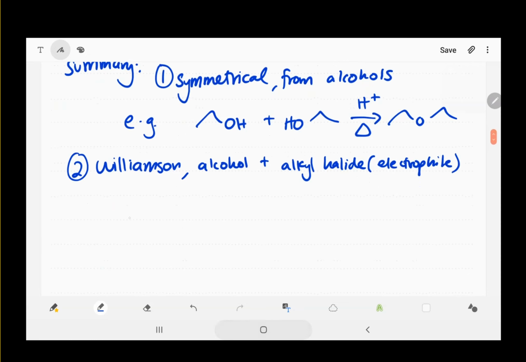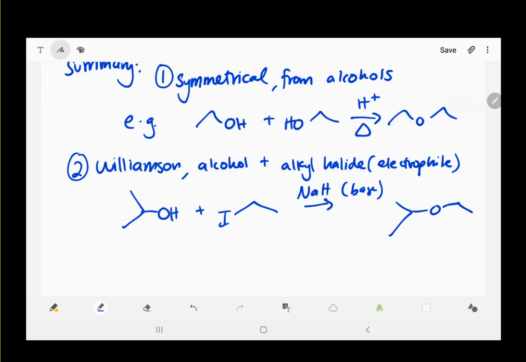So if you had, for example, isopropyl alcohol plus, what's our favorite alkyl halide? Ethyl iodide, why not? Same thing, I think we use that as an example. Some sort of base in there, and you will end up getting your handy dandy ether.